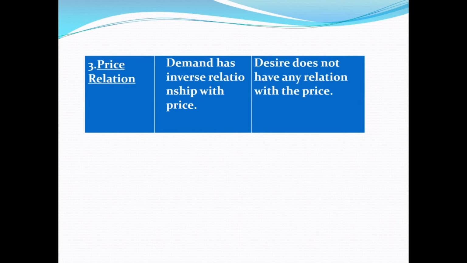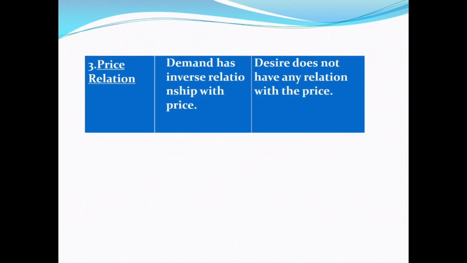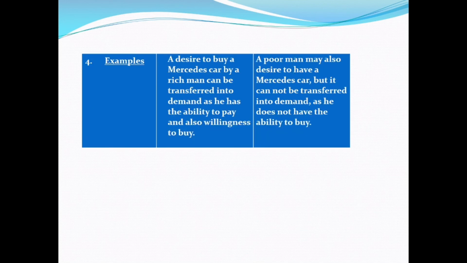So, this clearly states that demand has an inverse relationship with price. Whereas, as we saw in the previous example itself, a beggar wants to go to the moon because there is no relation of desire with price. He is not thinking, he's just having an ambition, and thus it proves that desire does not have any relation with the price.